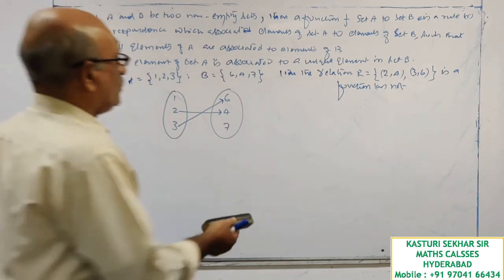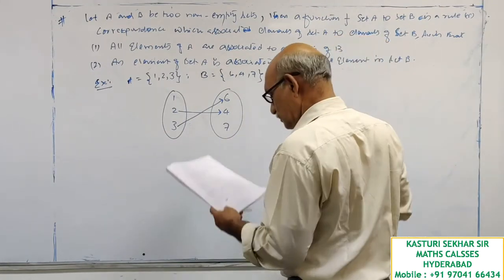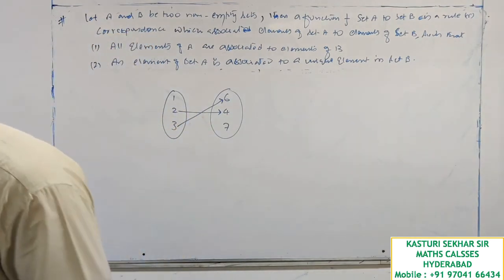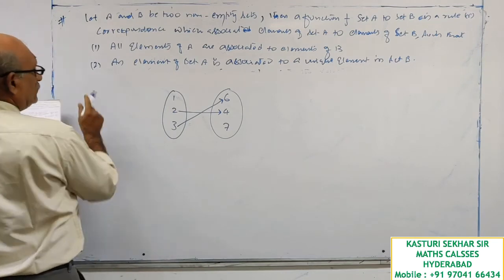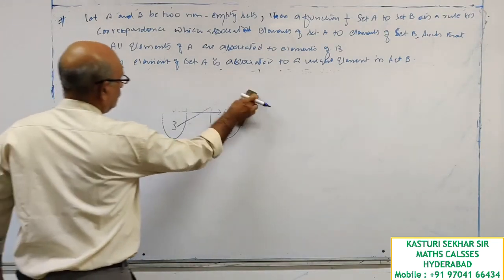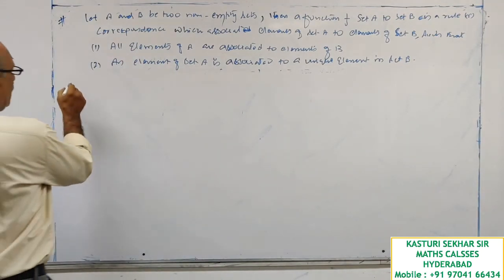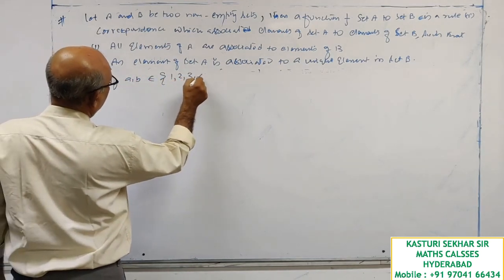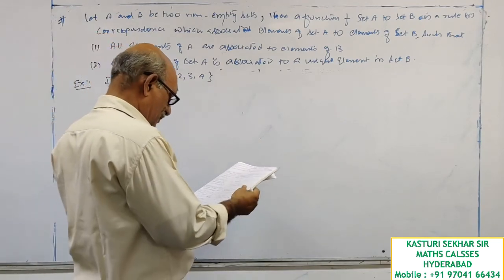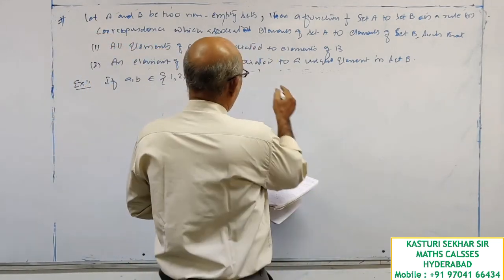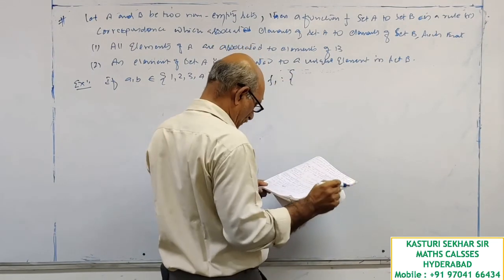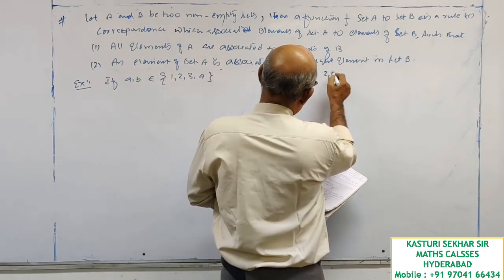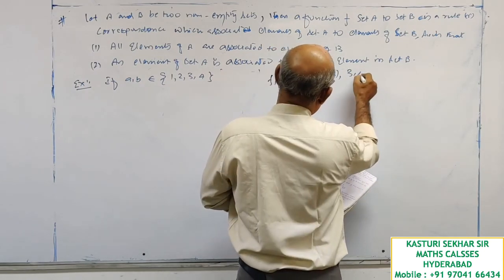Let us see one more question. Example. If a, b belongs to set {1, 2, 3, 4}, F1 is equal to {(1,2), (2,3), (3,4)}.